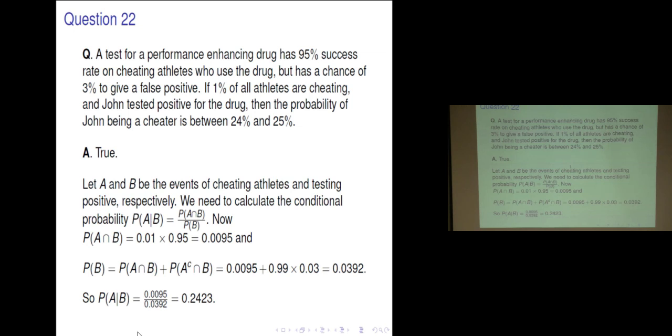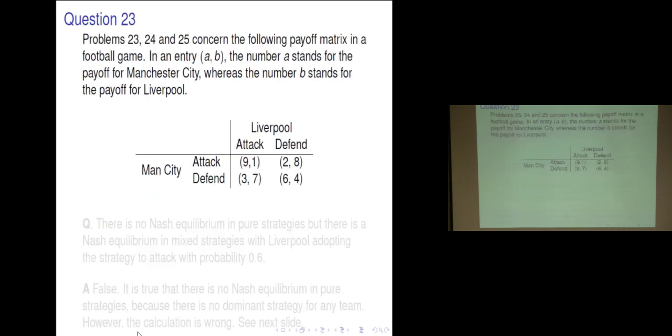Is this okay? Okay, let's move on. Then we move on to game theory. In the lecture notes, we use tennis, right? But for this problem, we try to use soccer.